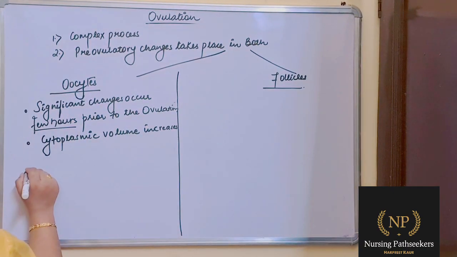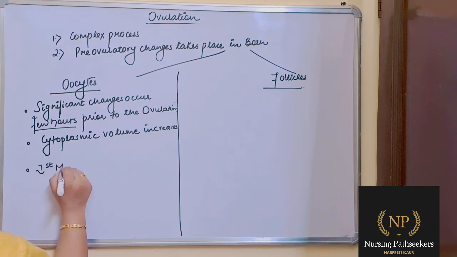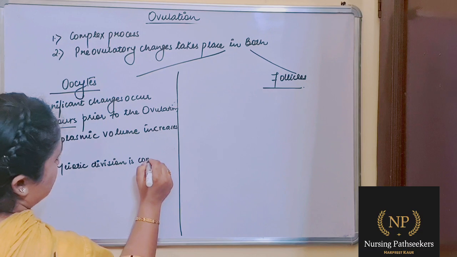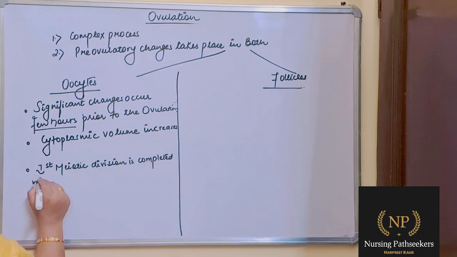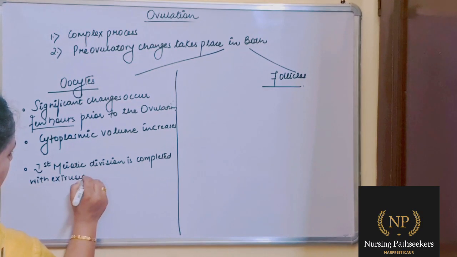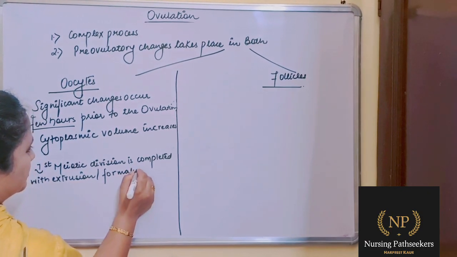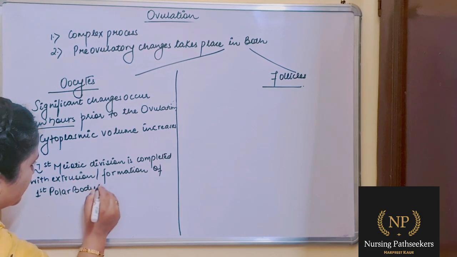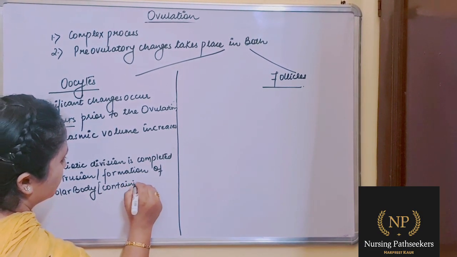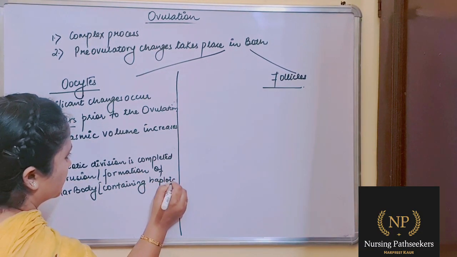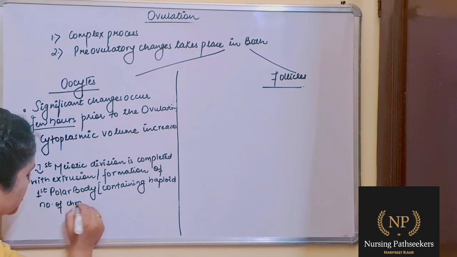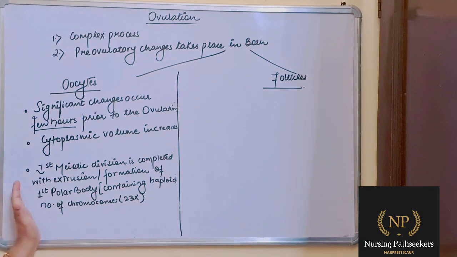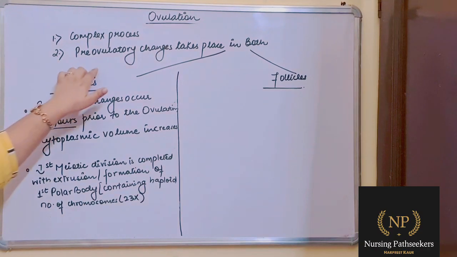Now next thing, in oocytes, first meiotic division is completed with the extrusion, or we can say formation of first polar body containing haploid number of chromosomes, 23 X.